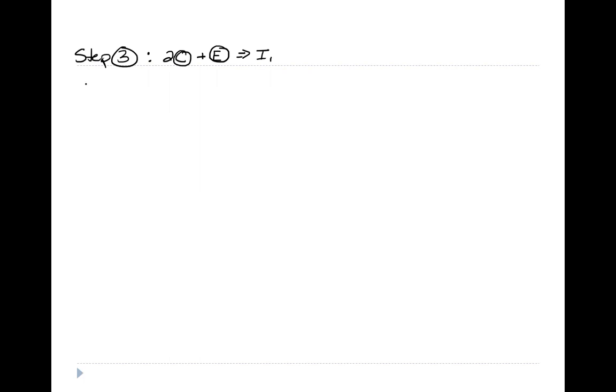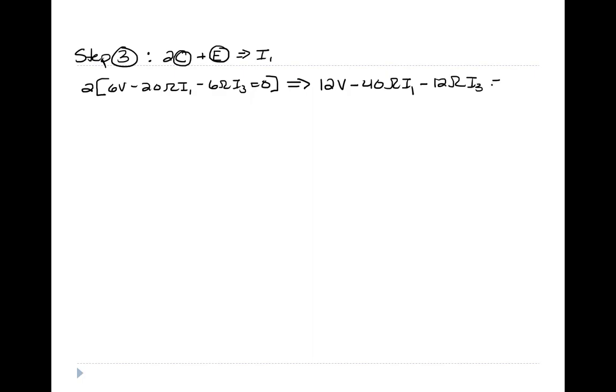Okay, so first step is take 2 and multiply it by 6 volts minus 20 ohms I1 minus 6 ohms I3 equals 0. That results in 12 volts minus 40 ohms I1 minus 12 ohms I3 equals 0.